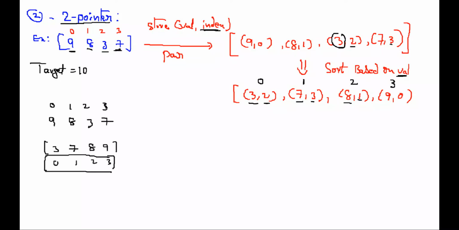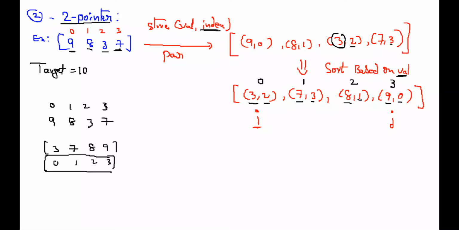Next one is 9, and its index is 0. That means we are not changing the actual positions of the elements. So in this two-pointer concept, you have to run two pointers, one at the leftmost and the other at the rightmost.